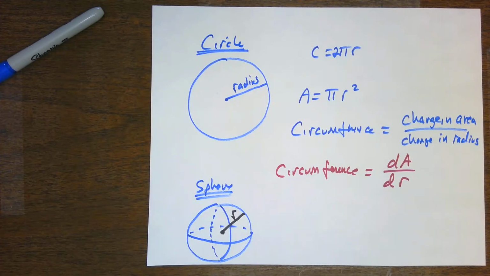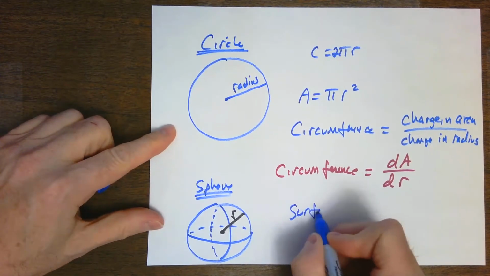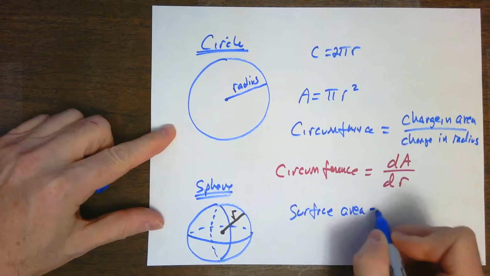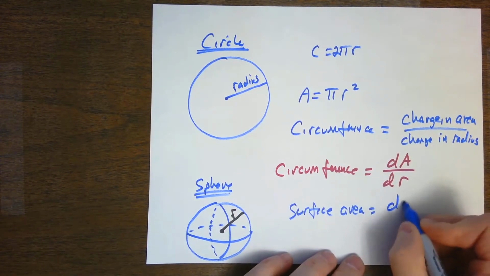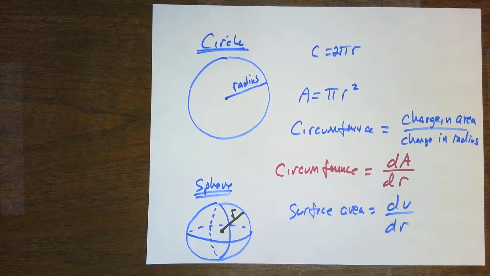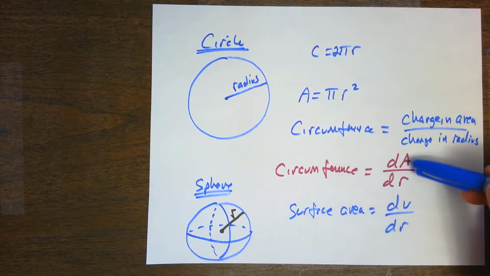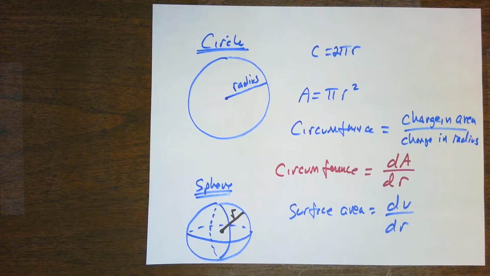So when we talk about the area of a sphere, what we're really talking about is the surface area of a sphere. The surface area can be expressed as the change in the volume with respect to the change in the radius. The change in the volume over the change in the radius. Notice how each time we go up a dimension, we go up in the dimensions here as well.